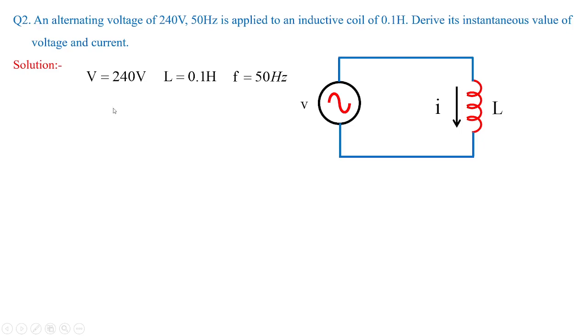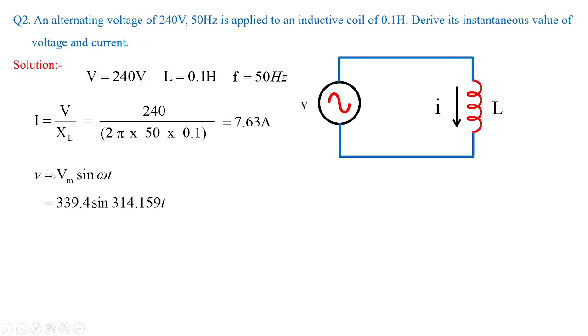So take the inputs, that is inductor is 0.1 Henry, and calculate the current, that is the current due to the reactive component, which is nothing but 7.63 amperes, and calculate the voltage in instantaneous form.